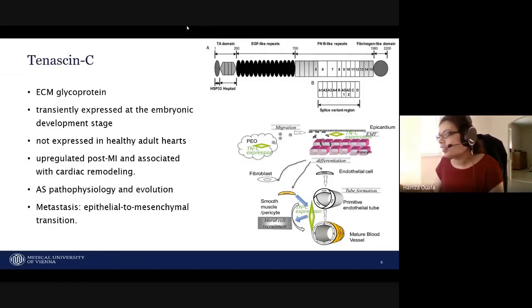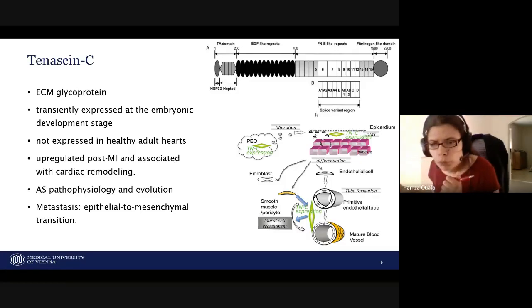So if you are unlucky and you go here, you might miss it. So when you are designing your primers to do your PCR, try to avoid this area. Or if you choose to produce your primer from this area, you need to know that you are going to get this and this one, this variation of Tenascin-C. Did I clarify it enough?